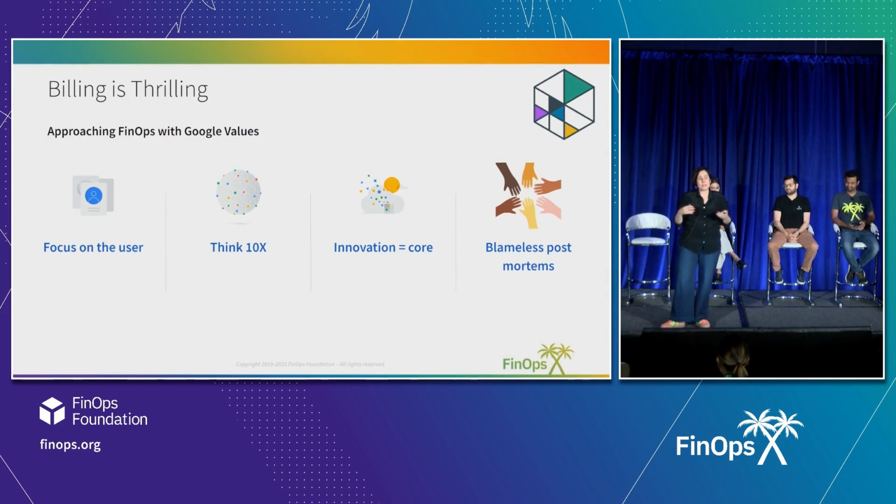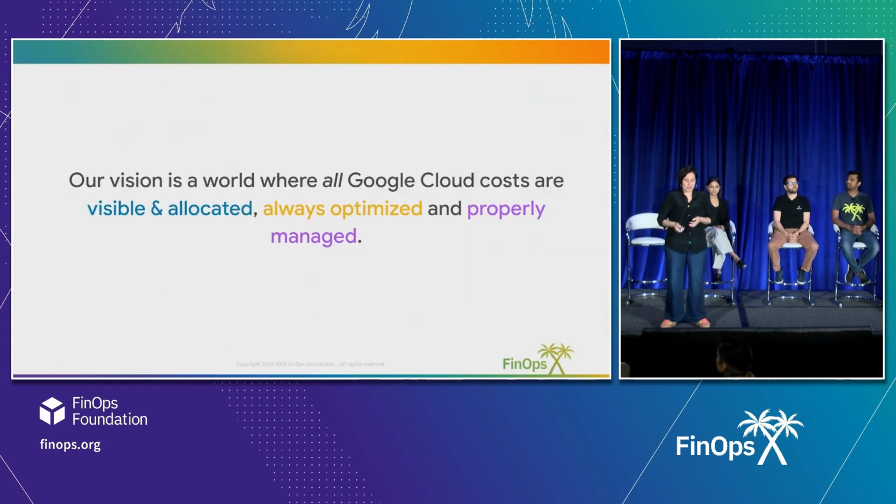We have a blameless postmortem culture: every time something happens, first we come together as a team to fix and solve, and afterwards we reflect, learn, and advance on what we've gone through as a group with those challenges. So we come together across these values and we build FinOps tools that make sure your costs are always allocated, 100% optimized, and properly managed.